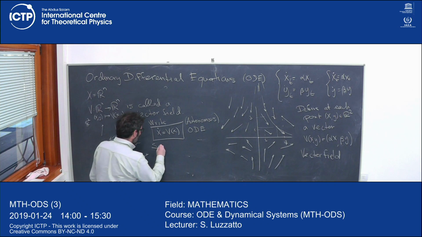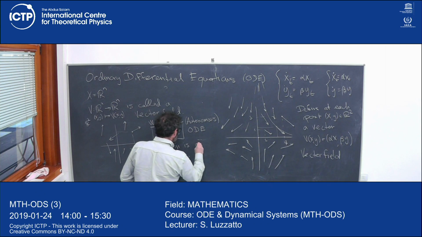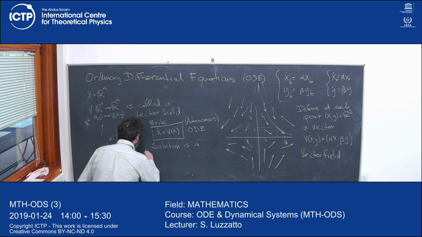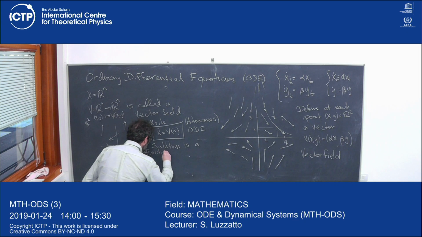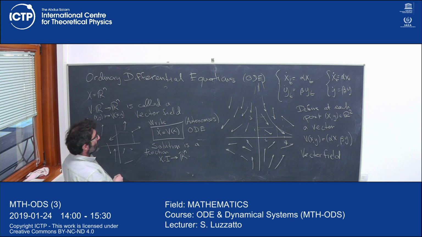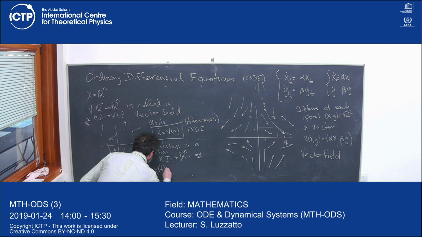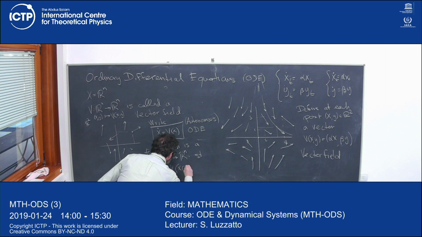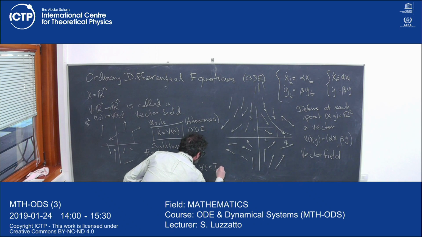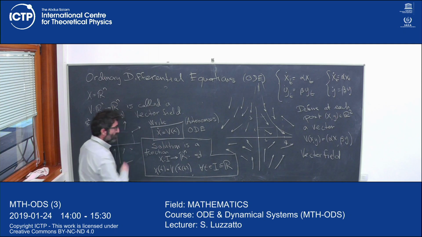A solution is a function x from I to Rn which has the property that x dot of t equals v of x of t for all t in I, where I is some interval. So these are the two fundamental definitions.